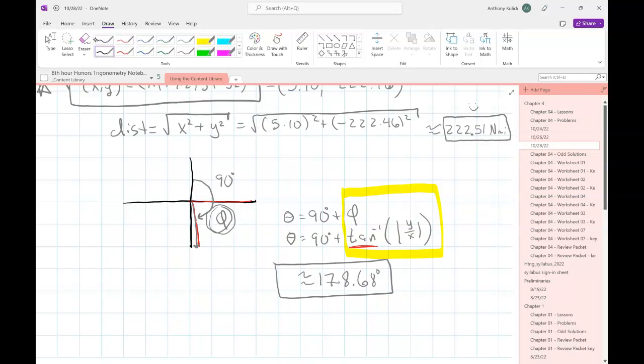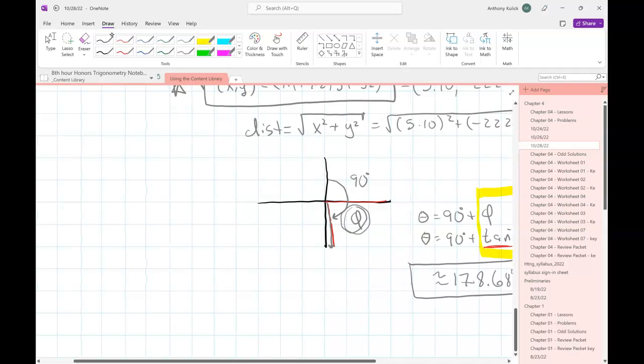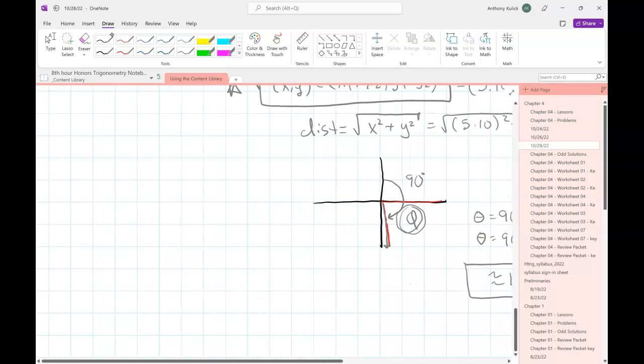So let's do another example, and we'll strip this down and streamline this process to where it feels like I don't need to take an entire sheet of paper to do one of these problems. Yeah, because you're always going to have an x and a y.